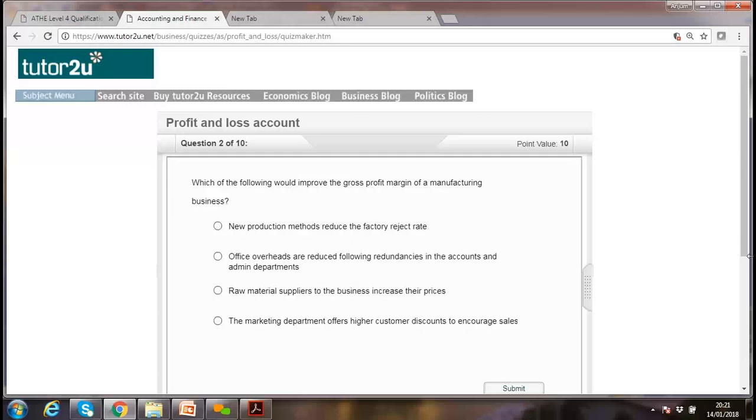Margin is a percentage between selling price and the cost of sales after deducting, that's your gross profit. How much percent? D.